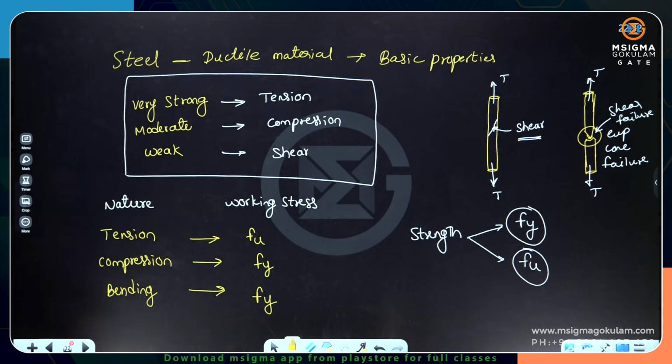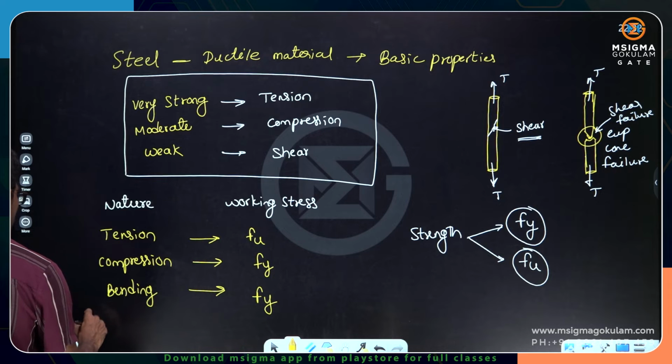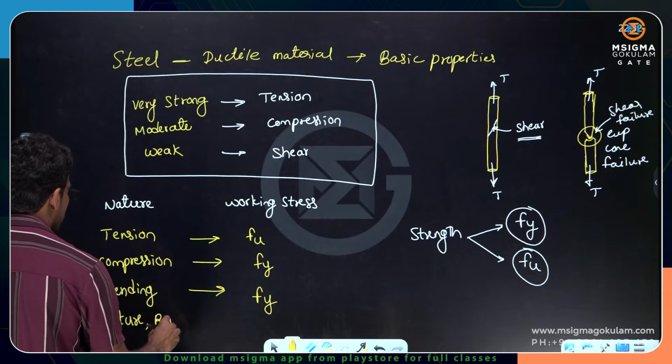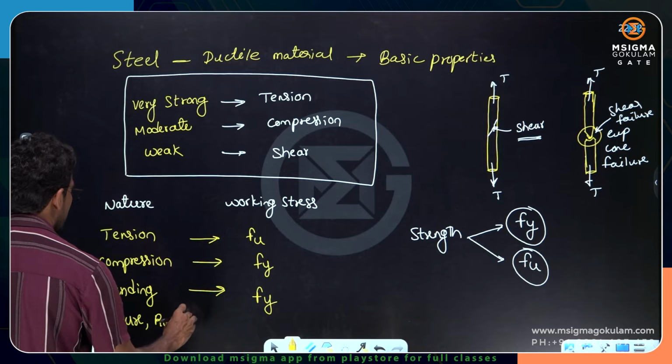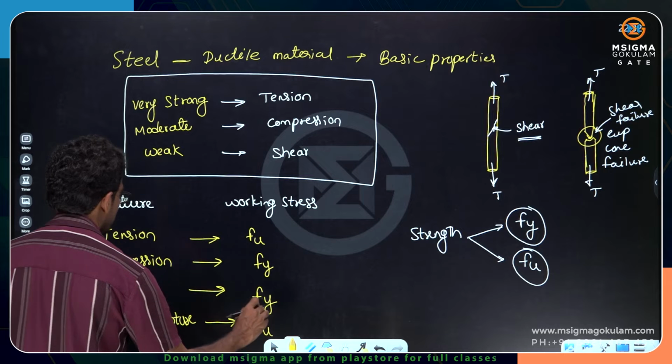Okay, that's all. And a very important thing is that when I talk about fracture or rupture, please make a note of this. If you understand this, you literally play with steel structures. Rupture, fracture, if you find these kinds of terms, then the stress that we can admit is only ultimate stress.